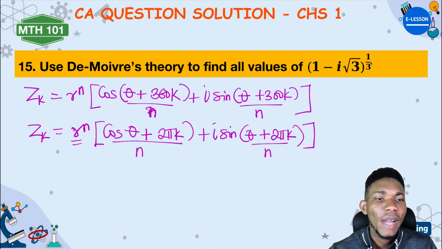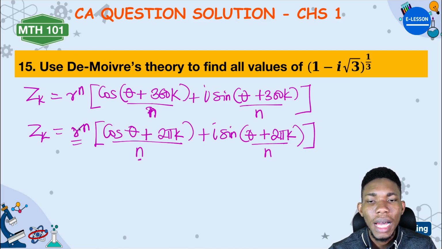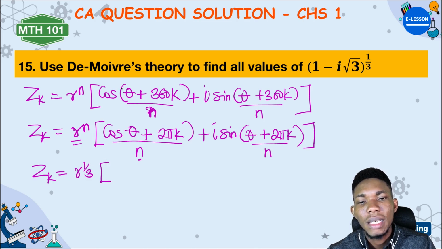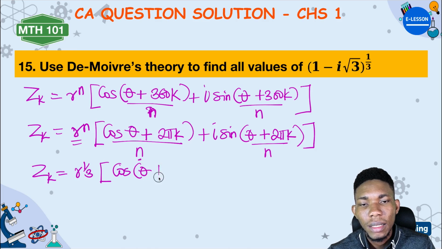Now, because you are asked to find the cube root, this n here will be 3. Then this rho will be what? Rho to the power 1 over 3. Is that okay? So in this case, for the cube root, this formula now becomes rho to the power 1 over 3, bracket cos, bracket theta plus 360k, all divided by 3.